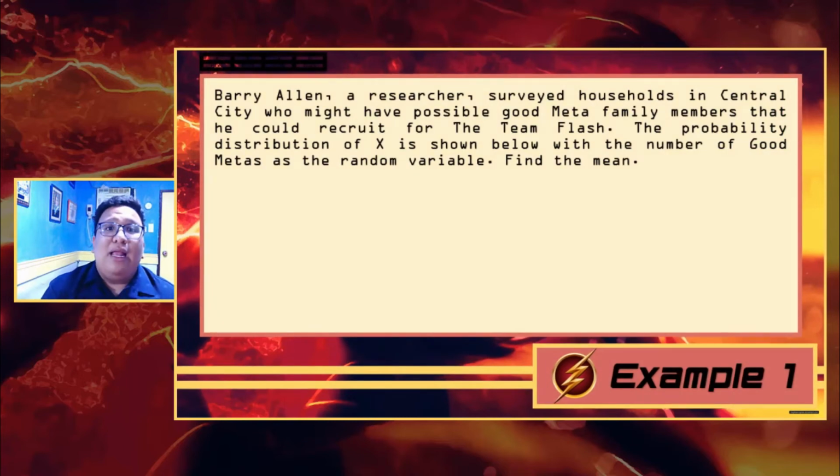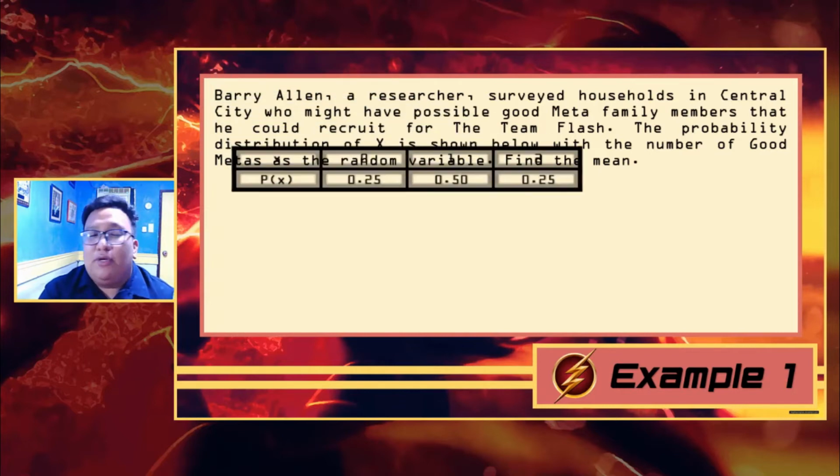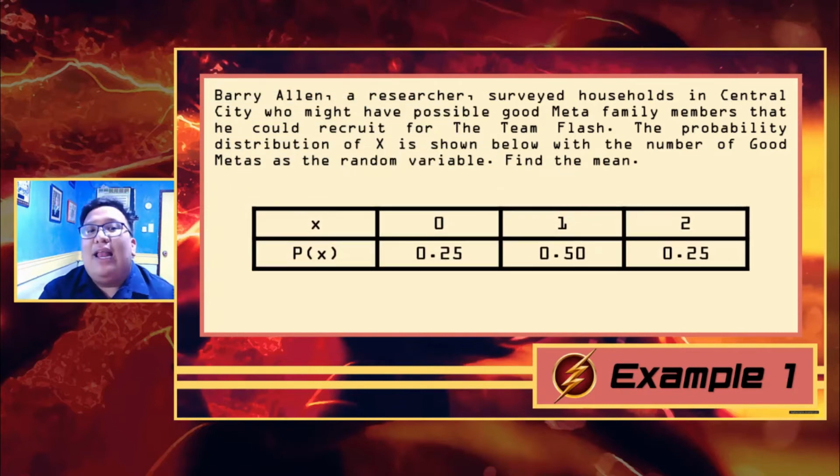So our example number 1 is related to our previous video on computing the mean of a discrete probability distribution, in which Barry Allen, a researcher, surveyed households in Central City who might have possible good meta family members that he could recruit for the team of Flash. And the probability distribution of X is shown below, with the number of good metas as the random variable.